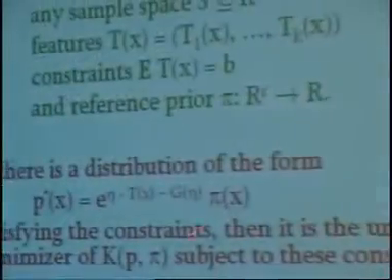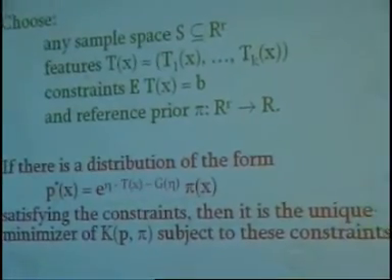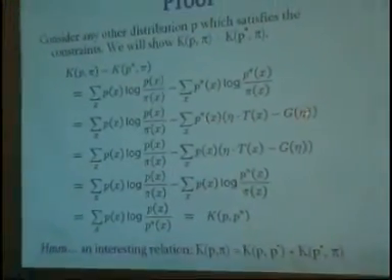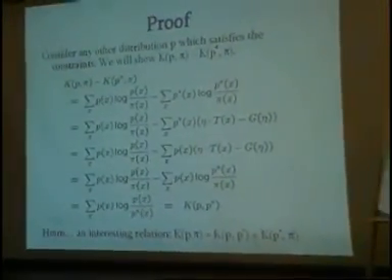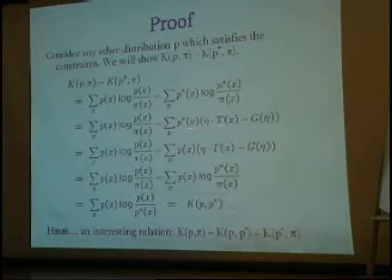P star is equal to pi times e to the linear function. Therefore, the log of P star over pi is just eta dot t of x minus g of eta. Okay? So we saw that P star is of this form, so P star over pi is this very simple linear function. Okay? Great.